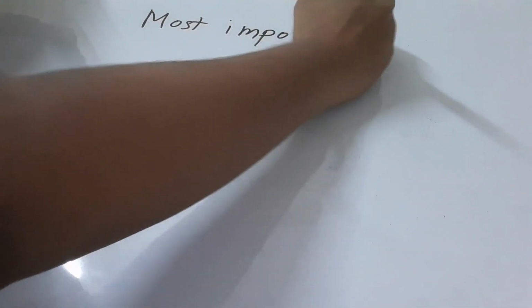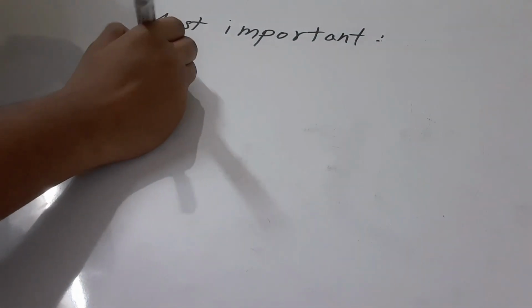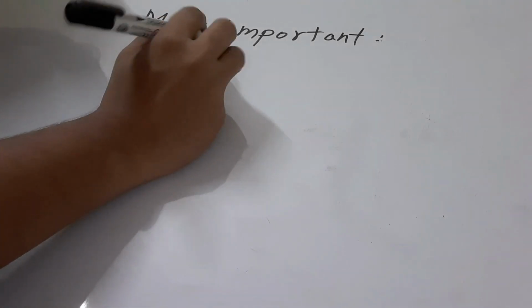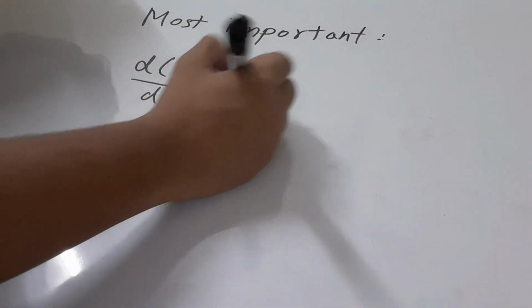The first and foremost, the most important formula of all time, is that d of x to the power of n upon dx is equal to n times x to the power of n minus 1.